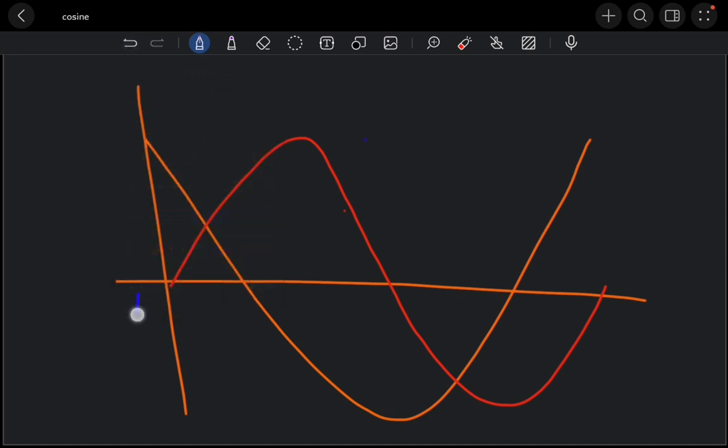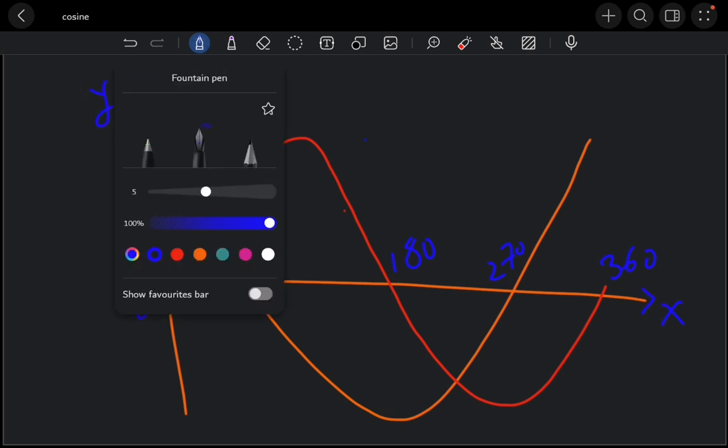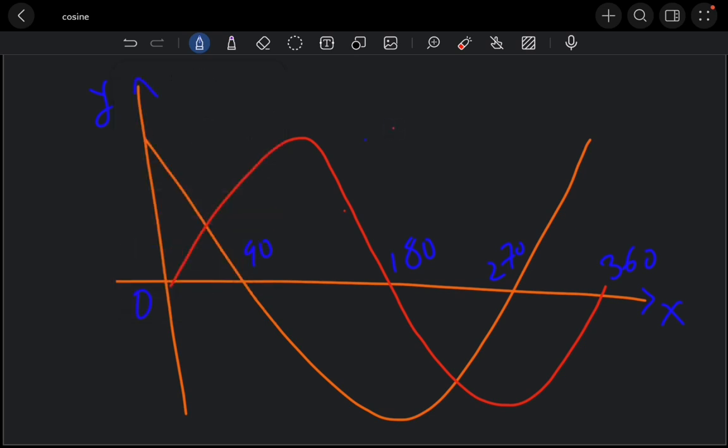Here, we have two functions. This is your x-intercept. This is your y-intercept. Okay, I want you to observe this very, very carefully.